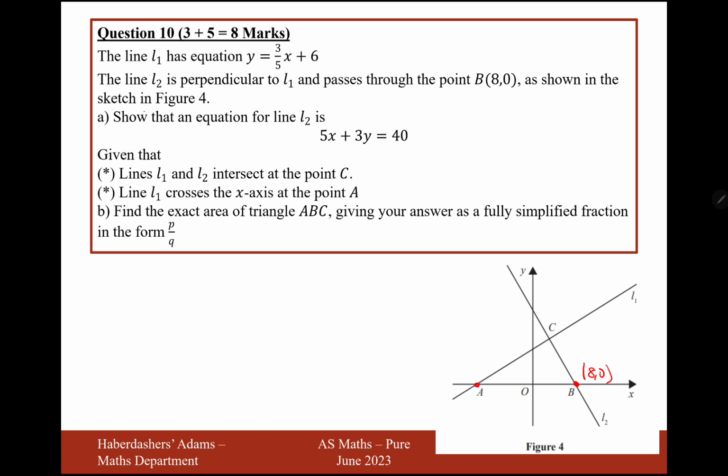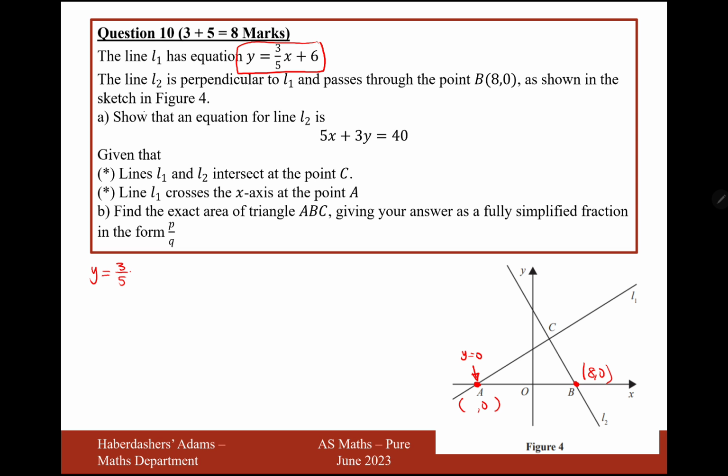For coordinate A, which looks the easier one to work out, it's going to be where line 1 intersects the x-axis. Wherever you intersect the x-axis, you need to set your y part to be 0, because if we think about this as a coordinate, we definitely know the y part of this coordinate is 0. So let's take line 1 and replace y with 0.